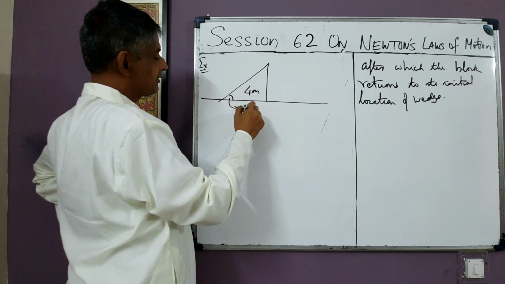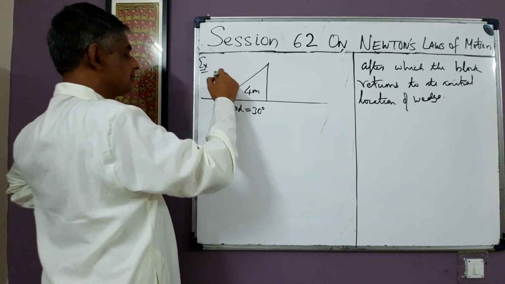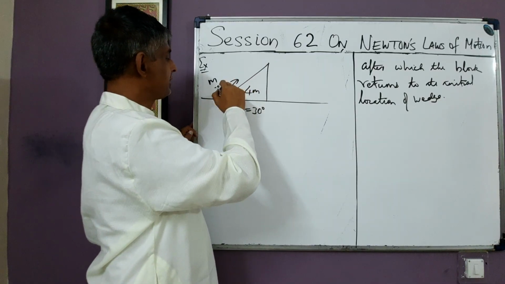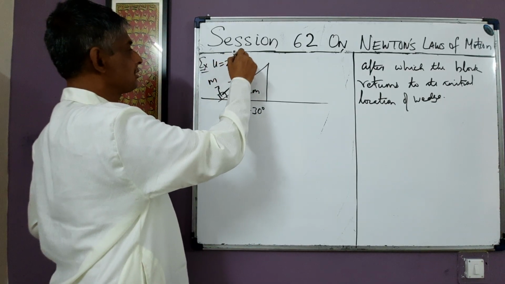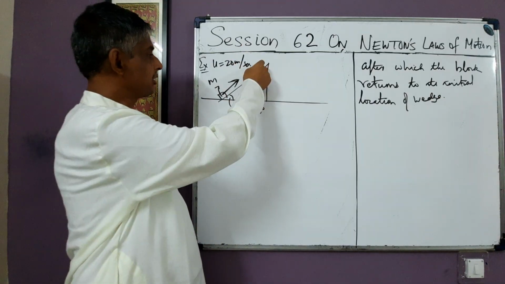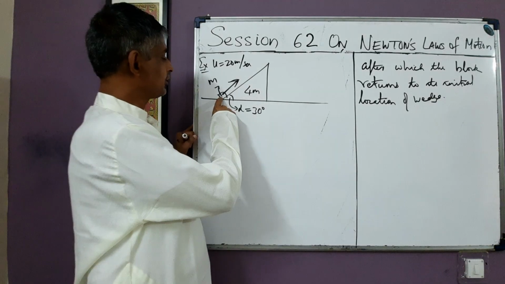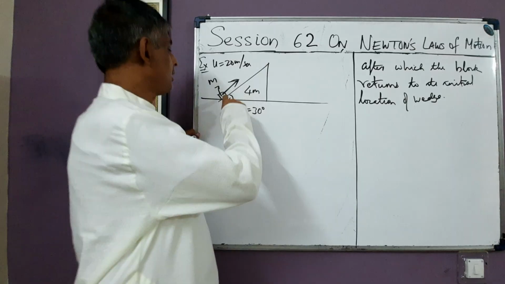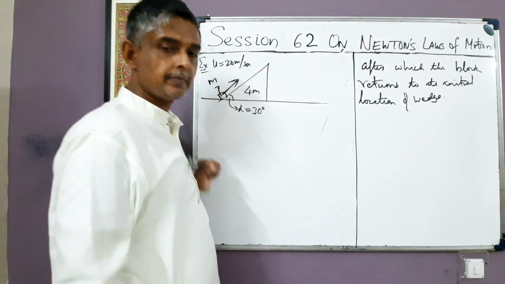This angle alpha is given to be 30 degree. Here there is a block of mass m. This block is initially projected up the inclined plane with initial speed u equal to 20 meter per second. We have to find after what time the block will return to its initial location on the wedge. Initially the block was at the lowest location of the wedge. Now we have to find out after what time the block will again return to its initial location, the lowest point of the wedge.